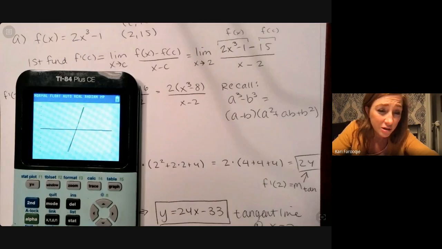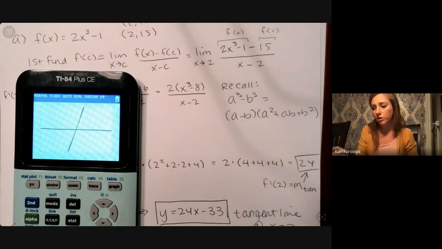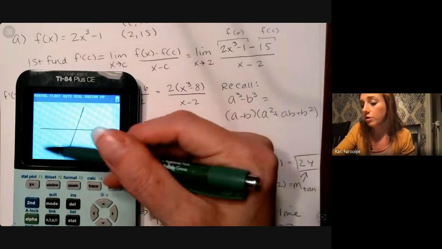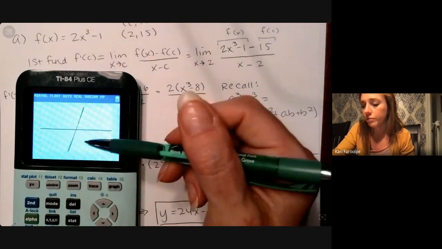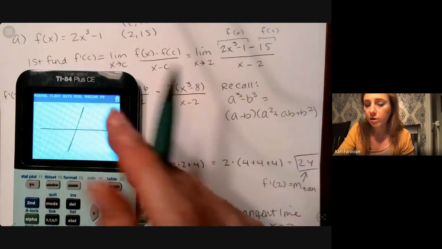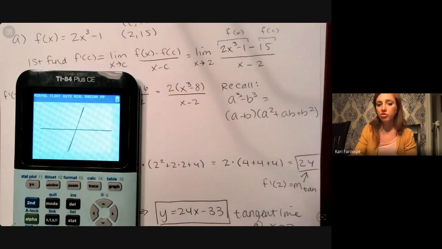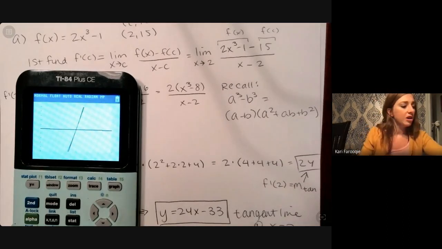I know it doesn't look exactly perpendicular because remember, we're scaled a little bit funny. The way our screen is, it's not a 1-to-1 ratio, but that's okay. You get the gist.